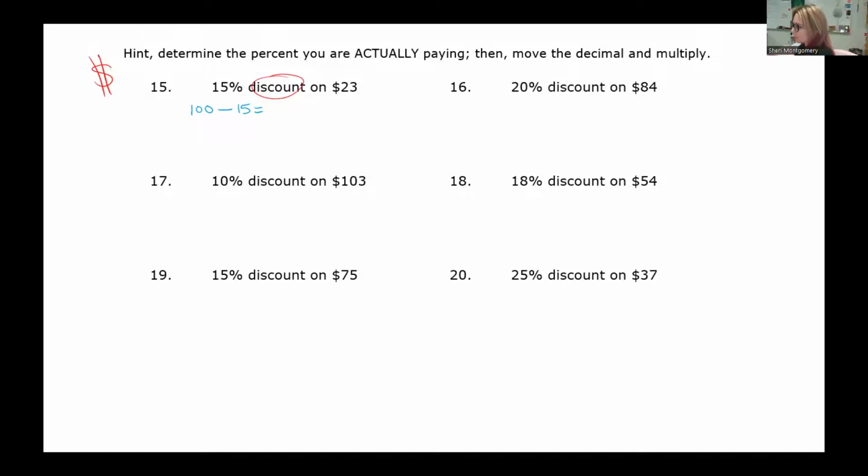We're not paying 100%. We're paying less than 100%, so we're taking something off. We're taking off 15, so what we're actually paying is 85%. That's the amount that we're paying. We're paying 85% of whatever it is. So we'll take 85, change it to a decimal, 0.85, and then multiply by 23.